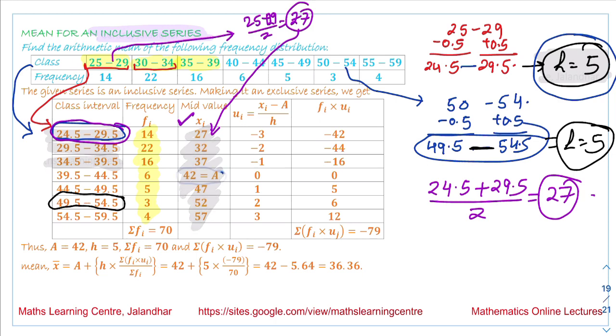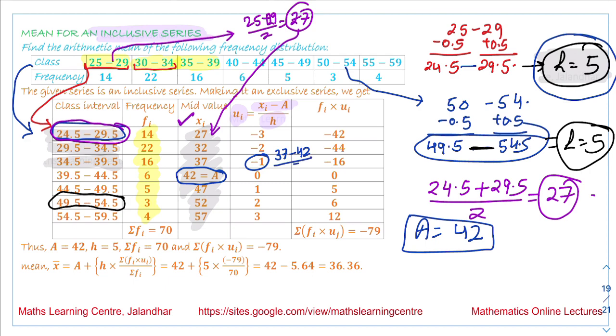Next, the assumed mean we are taking is equal to 42. Next we calculate the value of ui using the formula xi minus a over h. Suppose I am calculating this value: it is 37 minus 42 over 5.